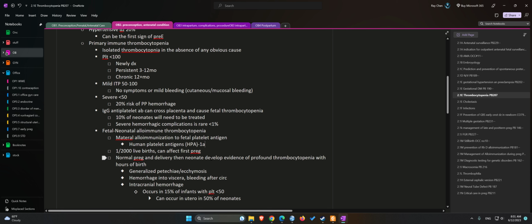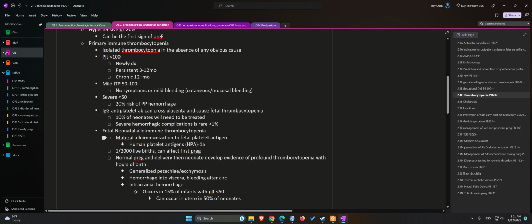In this situation, the mother is completely normal. It's the baby that has the problem. So 1 out of 2,000 live births, it can affect the first pregnancy. So the mother does not need to be sensitized. Normal pregnancy and delivery.